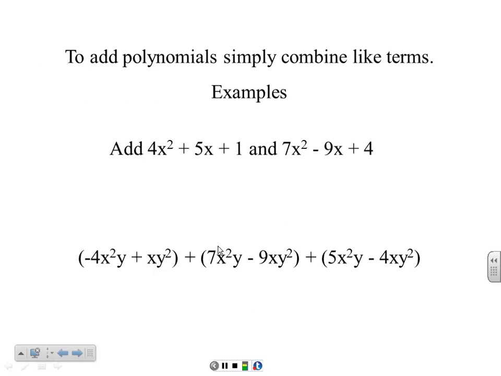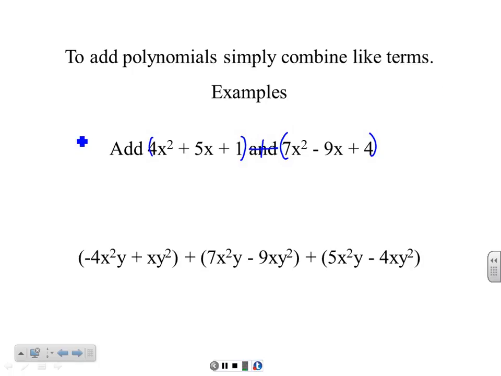Okay, so now we're going to add polynomials, and to add polynomials all you have to do is combine like terms. Here your directions say add this trinomial and this trinomial. Another way you could write this is group this trinomial plus this trinomial. In order to add polynomials, all you're going to do is find like terms.